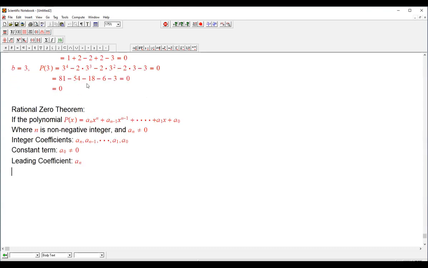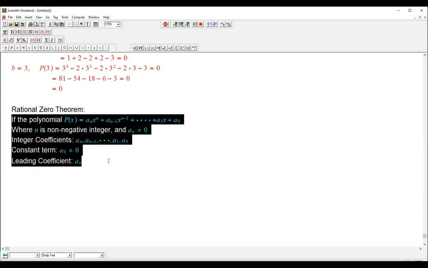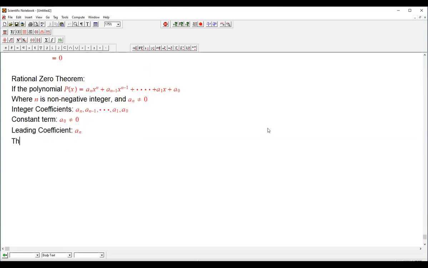So this is the condition, and now here's the conclusion.